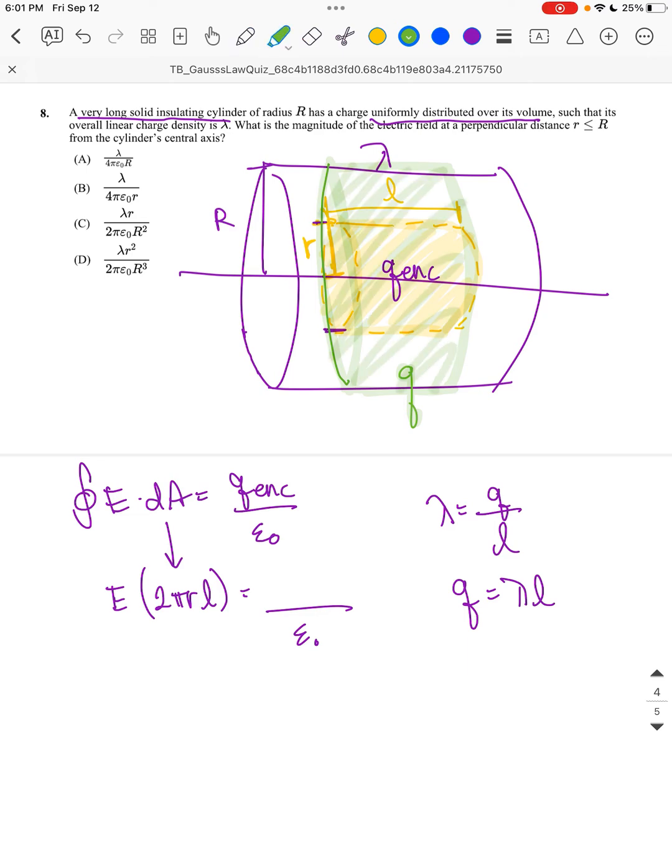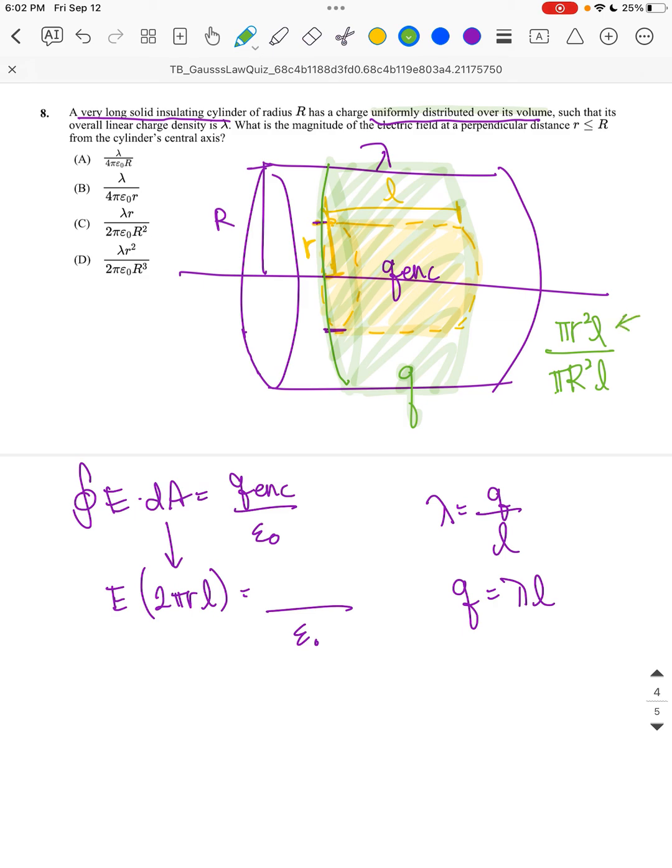Now, I don't want all of that charge. I only want a fraction of that charge. Well, because we know that it's uniform distribution, I know that if I were to take a fraction of the volume, which for a cylinder is pi little r squared L, over the full volume, which is pi big R squared L, so that's the volume in green, and then this is the volume in yellow.